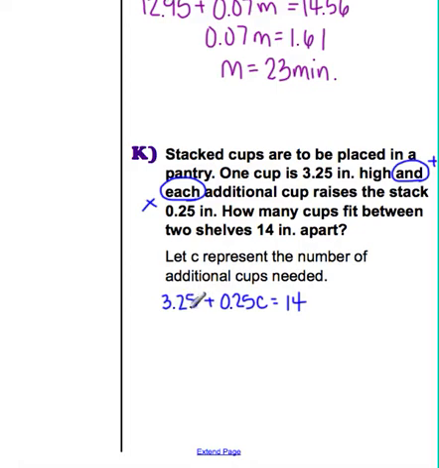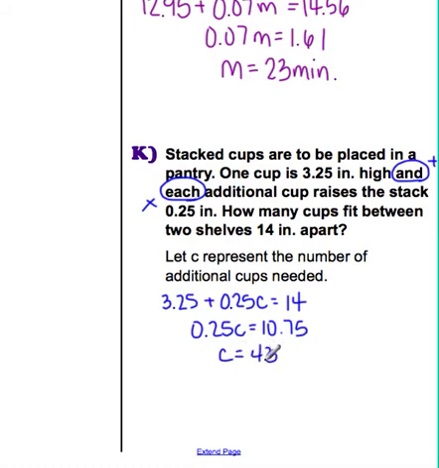So now we go ahead and solve this problem. If we take our 14 inches minus 3 1/4 inches, we still have our 0.25 C, and that's equal to 10 3/4 inches. Then we finally divide that by 1/4 inch on each side, and we get C is equal to 43 cups.